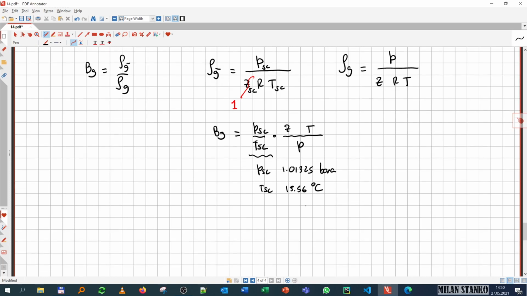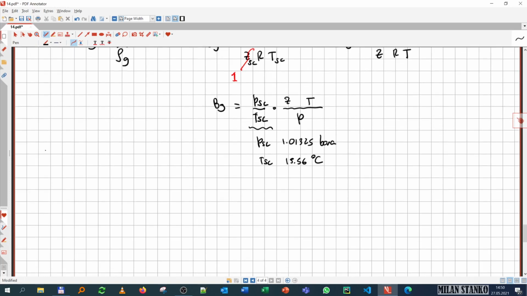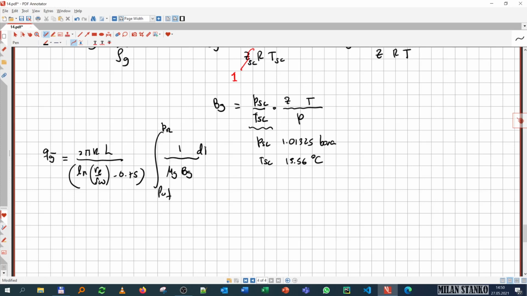Now we can substitute this Bg back into my IPR equation, which is Qg equal to 2 pi kh over ln of Re over Rw minus 0.75, times this integral from Pwf to Pr of 1 over mu g Bg dP.